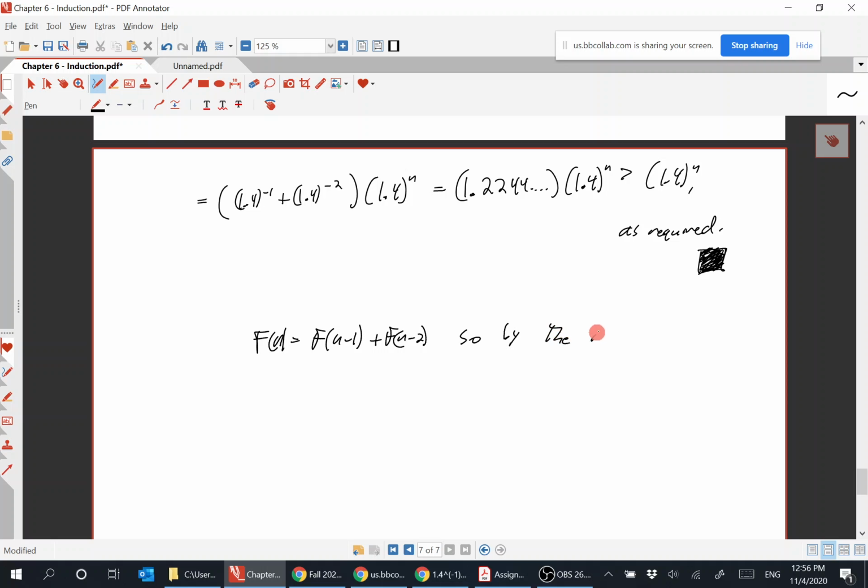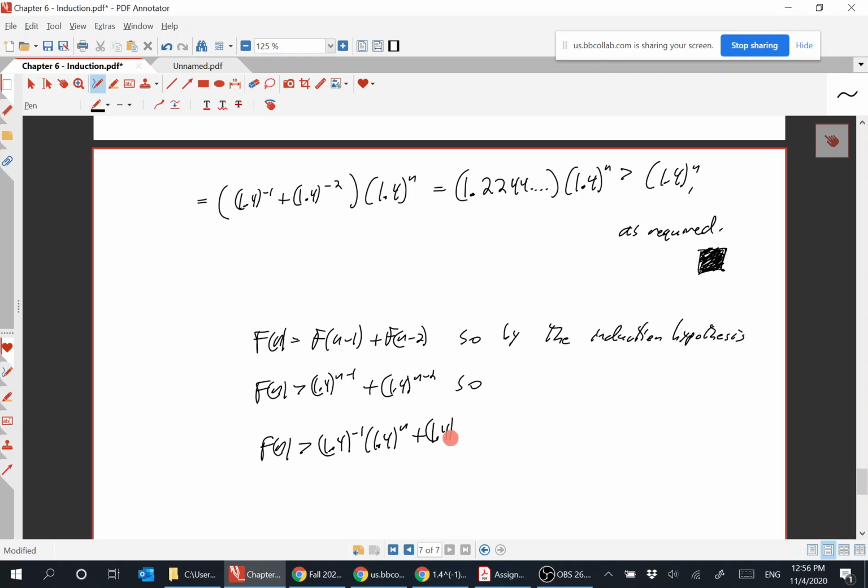So by the induction hypothesis, Fn is greater than 2 to the n minus 1 plus 2 to the n minus 2. Oops. Not 2, 1.4 to the n minus 1 plus 1.4 to the n minus 2. So this is greater than 1.4 to the negative 1 times 1.4 to the n plus 1.4 to the negative 2 times 1.4 to the n.